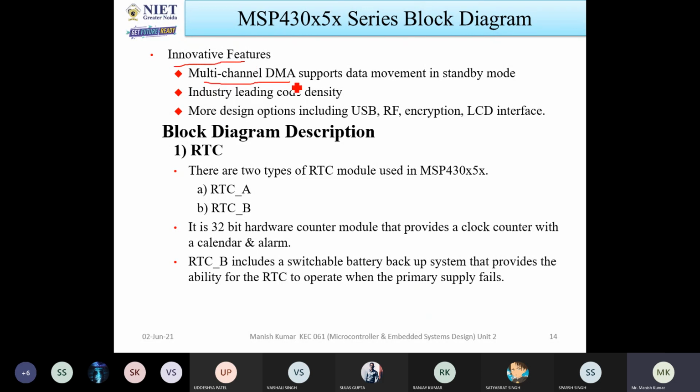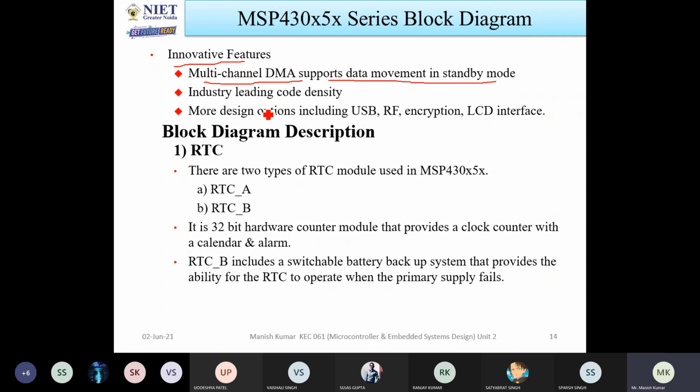It also has multi-channel DMA, which supports data movement in standby mode. Now when the system is in standby mode, you can still transfer the data with the help of DMA. When the DMA transfers the data, what will happen? At that time, the CPU will not do any job. So the CPU stays in standby mode, there is no problem in that. So we can save power.